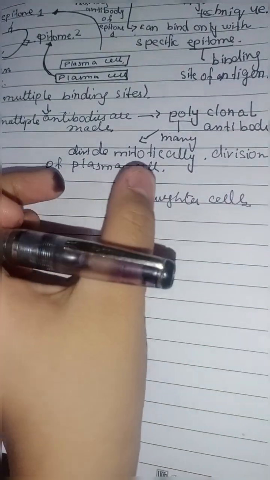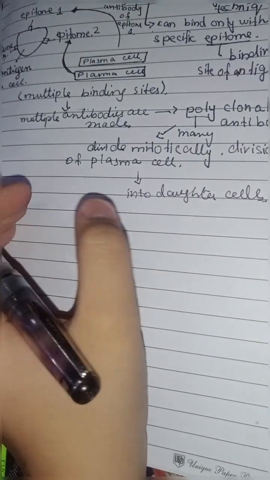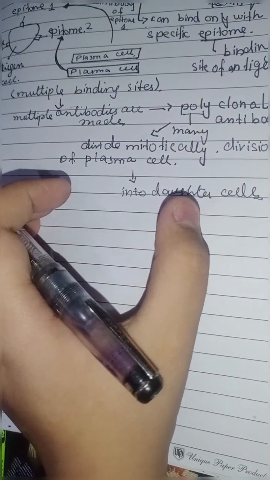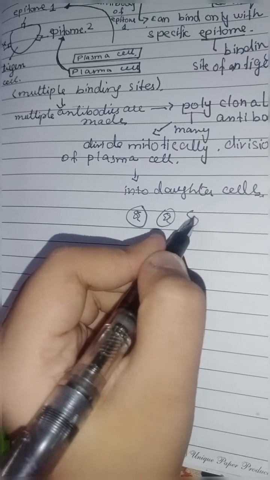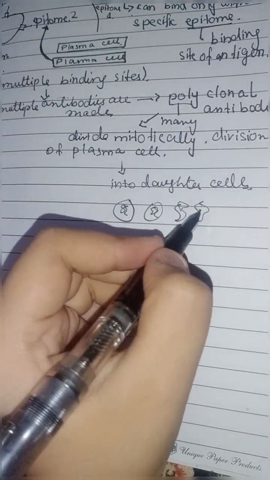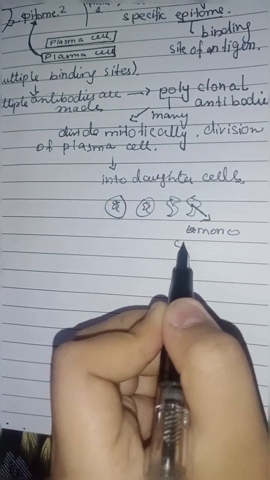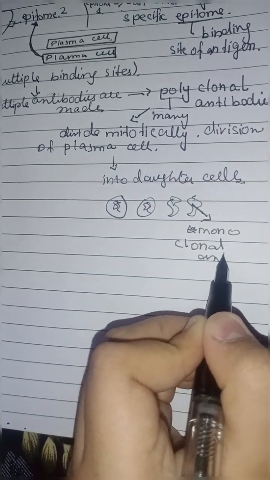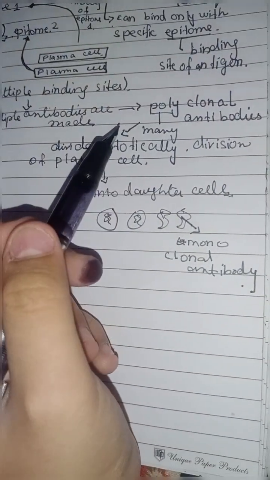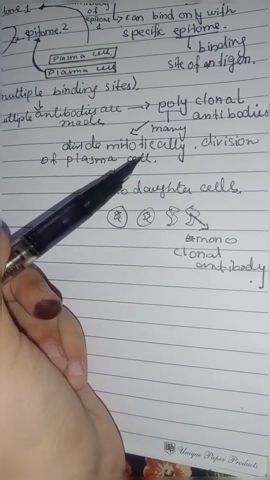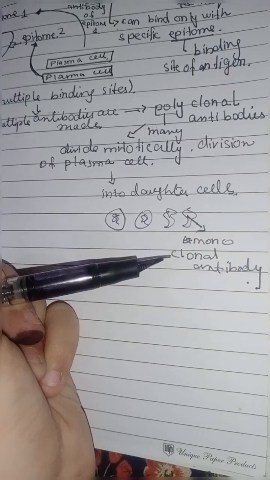When the plasma cells divide mitotically, they separate from each other, so we have many daughter cells: one here, another here, another here. Each separate one is called a monoclonal antibody. This was known as a polyclonal antibody, many, and then they divide mitotically into one for each daughter cell, so they are known as monoclonal antibodies.